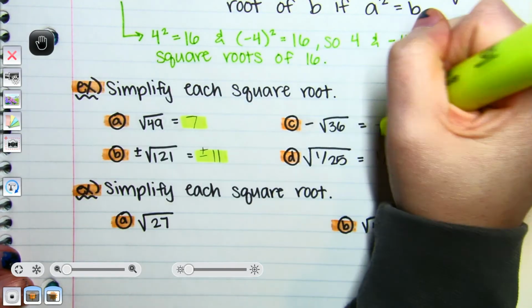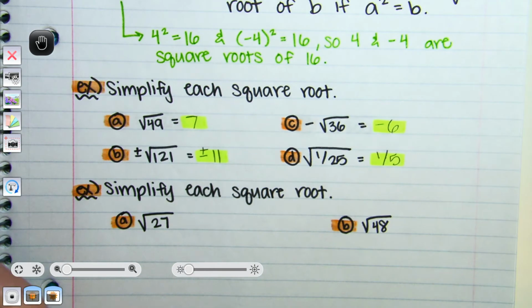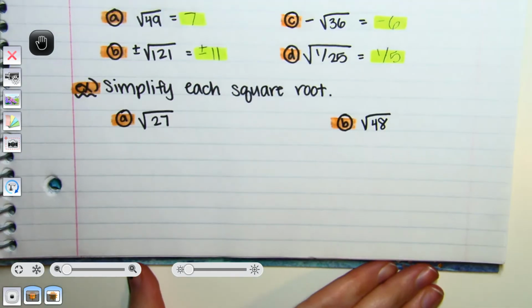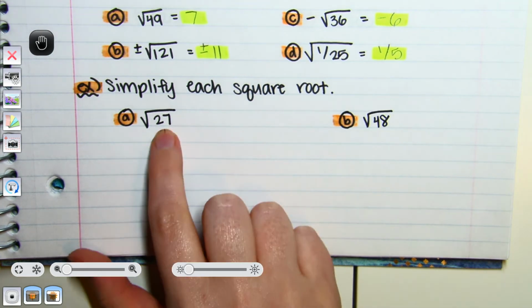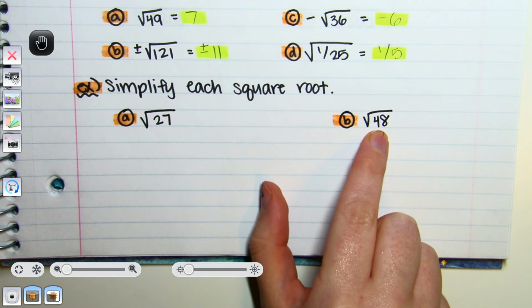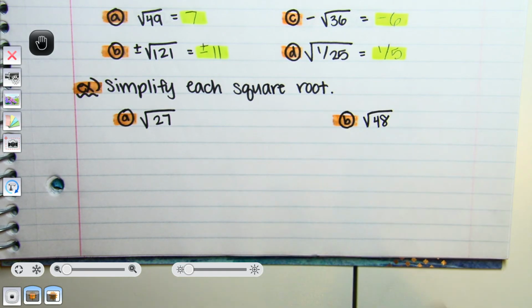But those are the easy ones. Those are the numbers that are already perfect squares. What I want to focus a little bit more time on is ones that are not perfect squares, which means there is no number that gets multiplied by itself to equal what's under the square root. So when that's the case, I'll write a little note.